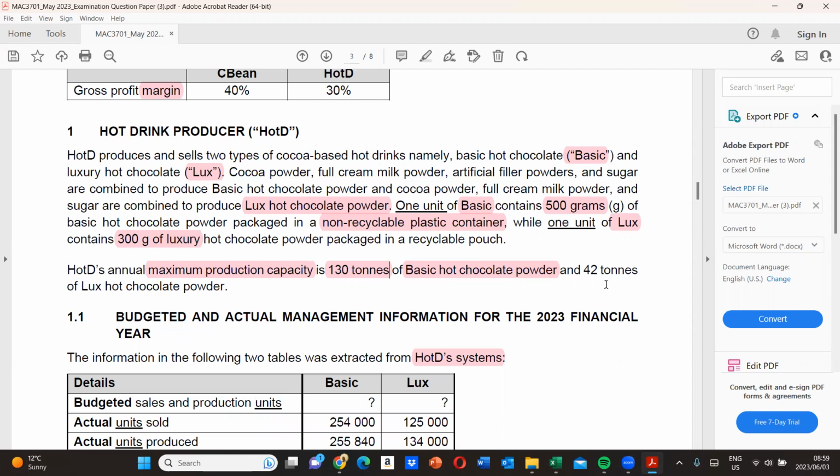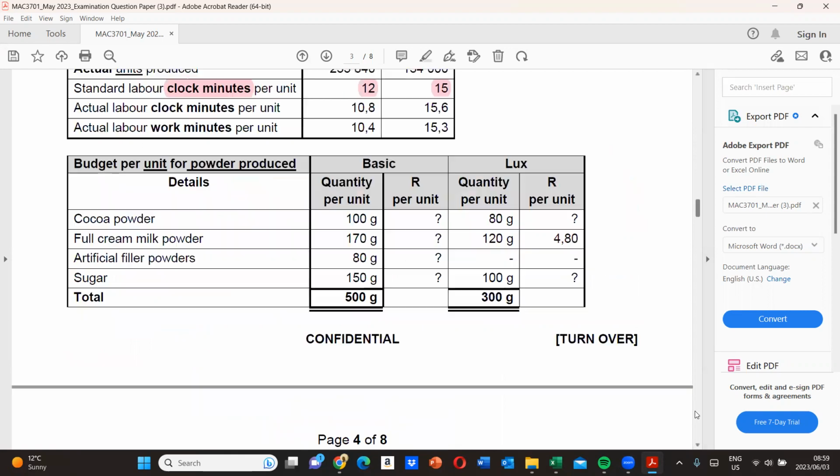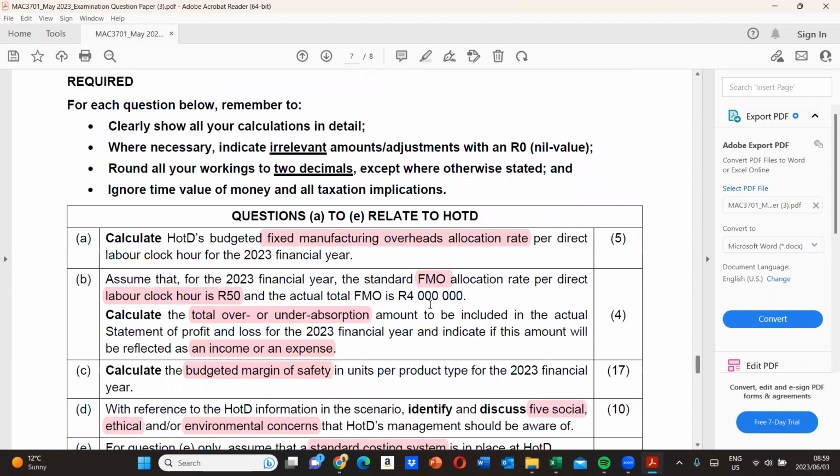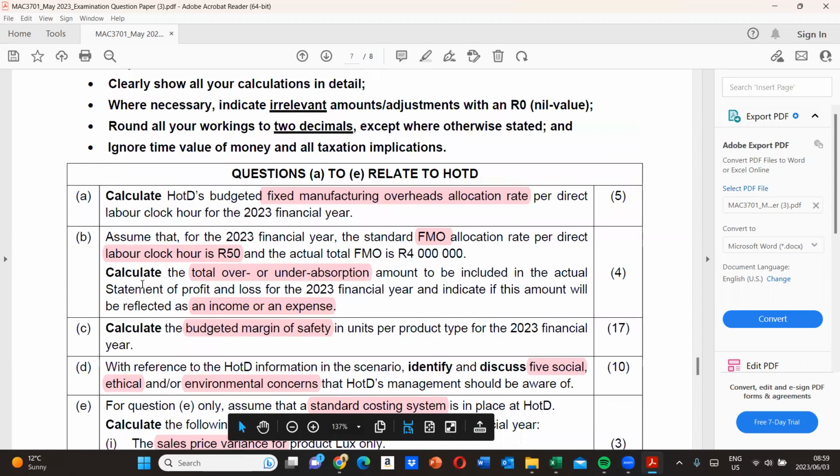There's another hint which I saw that they actually gave us in regards to this question. If you check under part B, they gave us 50 rand labor clock hour. Can you see it?